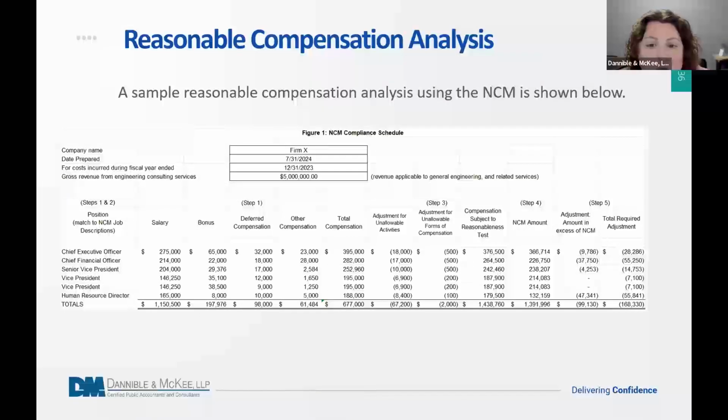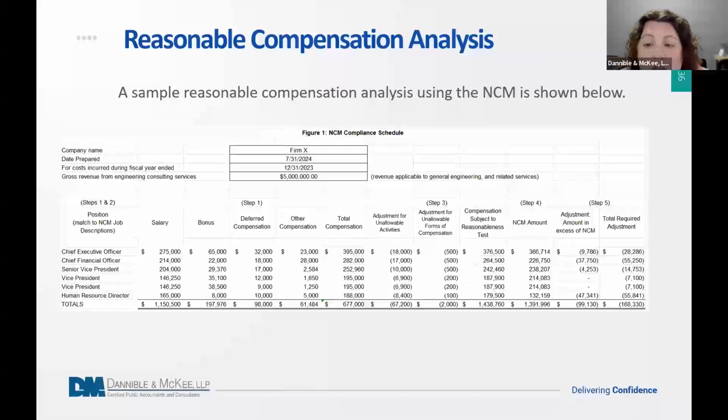This CEO worked on some marketing activities, so we've already disallowed a portion of her salary. We've subtracted $18,000 of her salary to come down to $376,500. That's the compensation that we're going to compare to the NCM. So she's making $376,000.